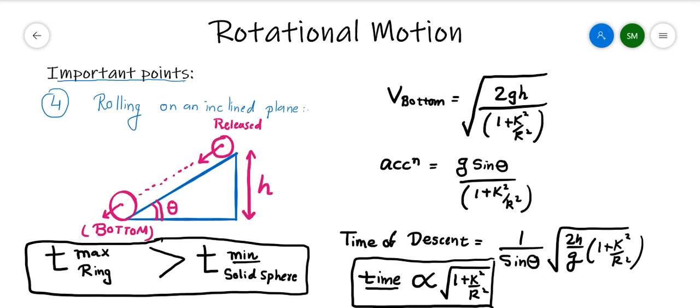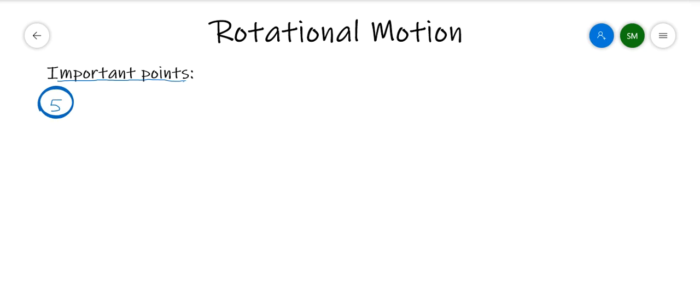Okay, let's go to the next important point. As you already know, when a body is performing rolling motion, it has a translational kinetic energy, and also a rotational kinetic energy. Both energies it has.